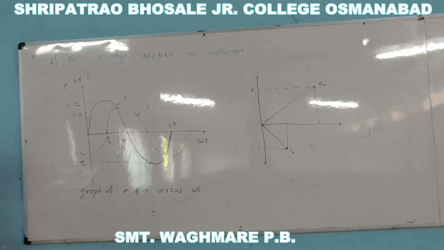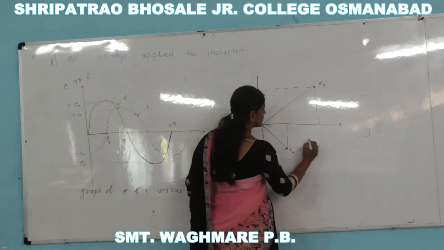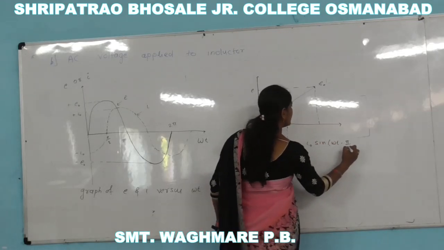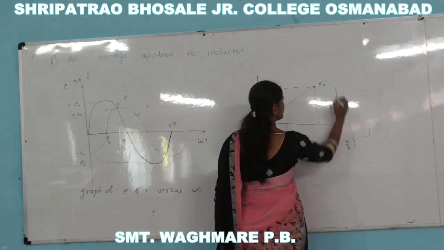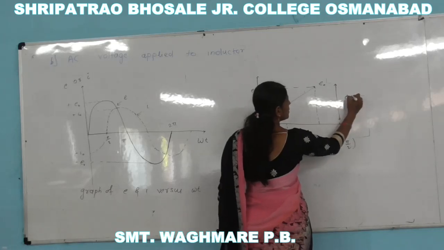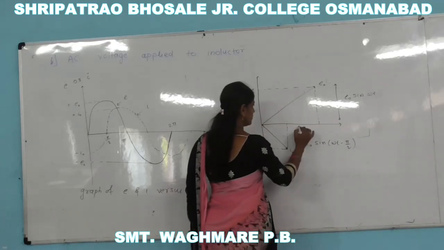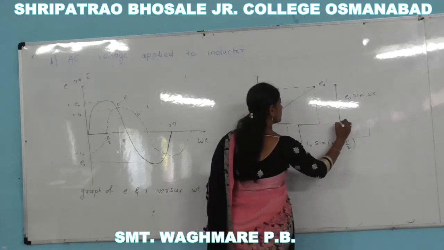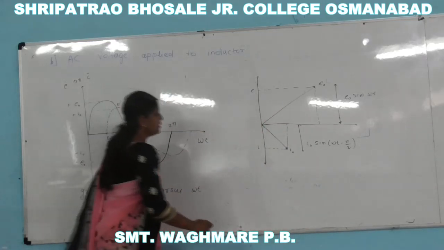We can write here I is equal to I naught sine of omega t minus pi by 2, and E is equal to E naught sine omega t.